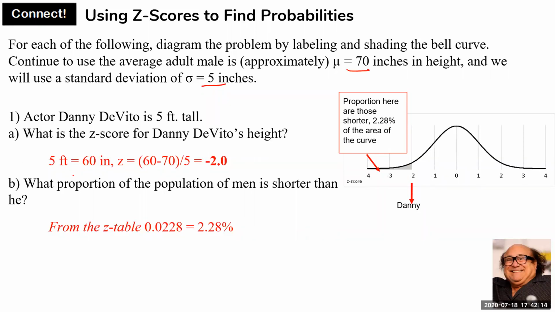If it said taller, we were going to take away this, we would do 1 minus 0.0228. Or we do 100 minus 2.28 percent, if it said taller, but because it says shorter, we just want that. Okay, nice.